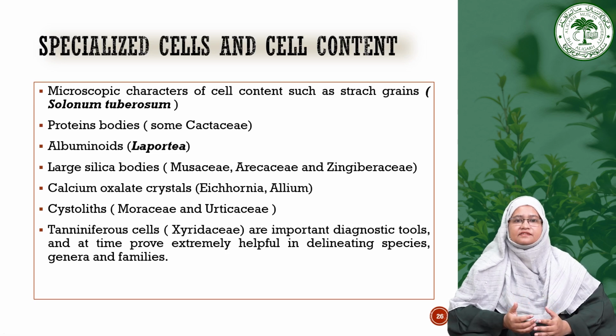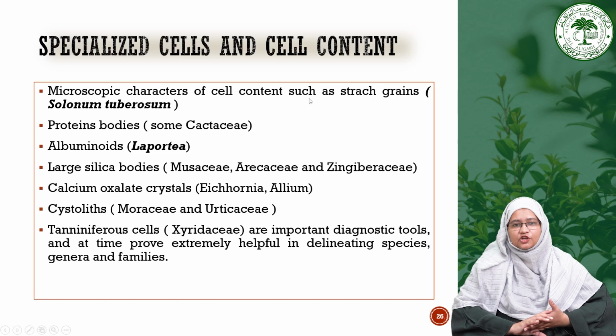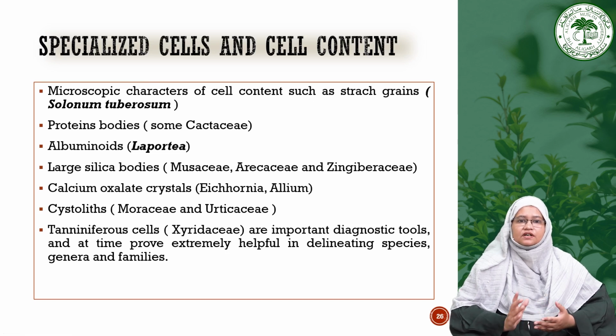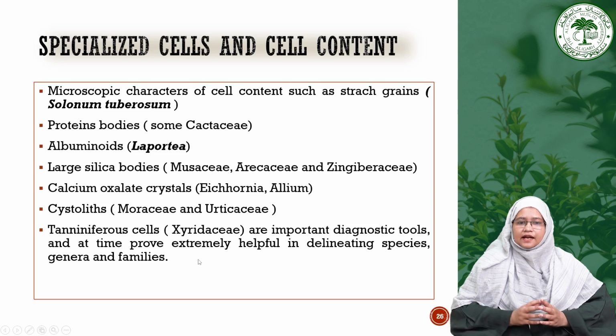Some plants have specialized cells and specialized cell contents, like macroscopic characters of the cell content such as starch grain in the case of Solanum tuberosum, protein bodies in the case of Cactaceae, albuminoids in the case of Leporti, then the large silica body in the case of Musaceae, Ericaceae and Zingiberaceae, then calcium oxalate crystal in the case of Iconia and Allium, cystoliths in the case of Moraceae and Urticaceae, and tanniniferous cells in the case of Xyridaceae. These are important diagnostic tools and at times prove extremely helpful in delineating the species, genera and families.